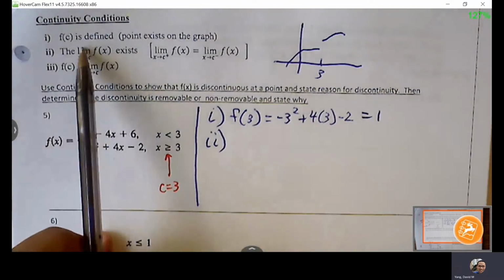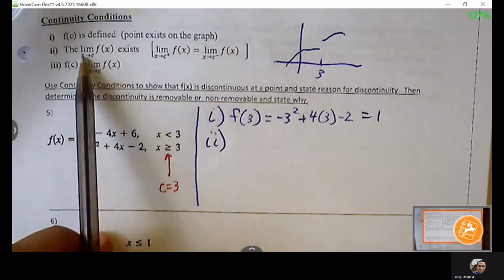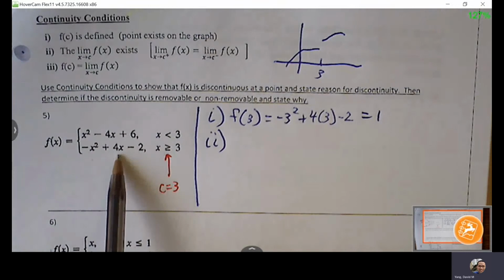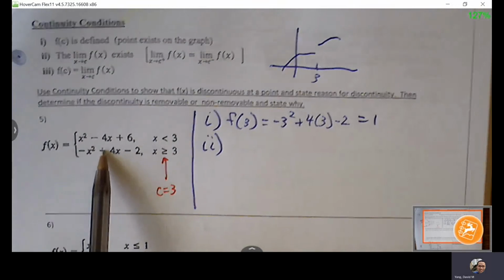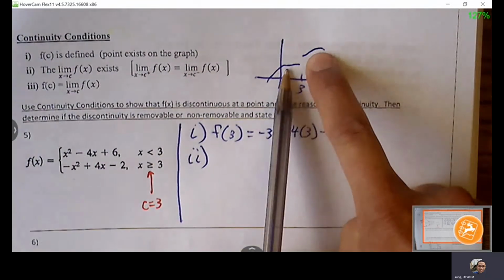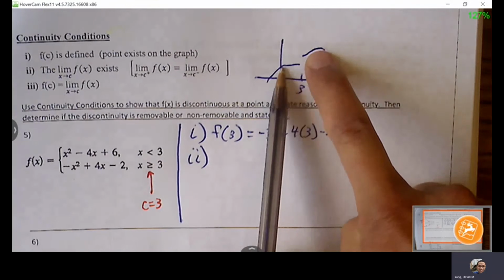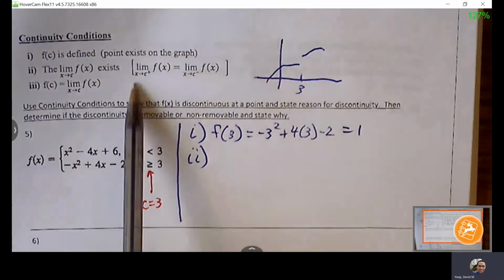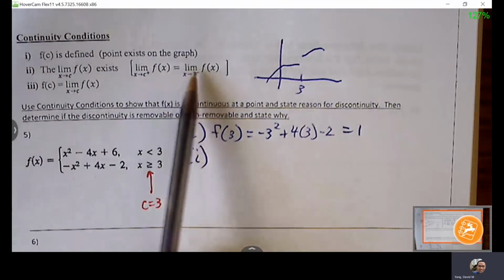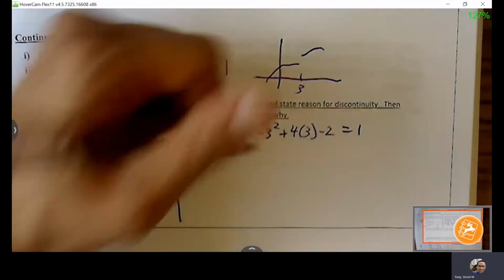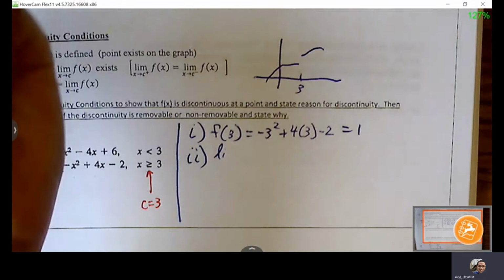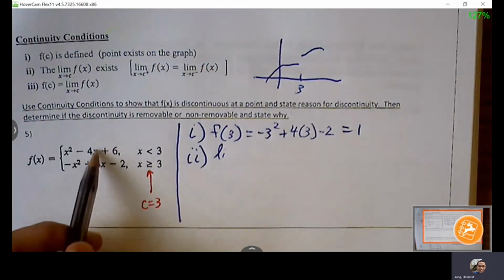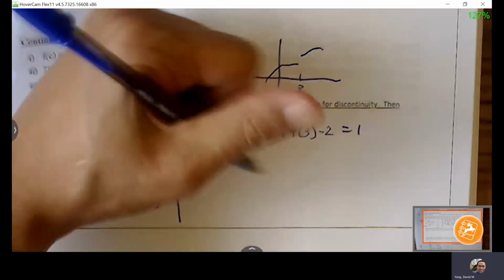Now, can I rely on one limit statement to determine the limit of this function? Okay. You see how there are 2 separate graphs? I got to look at the limit separately because I have 2 separate graphs. So now I got to evaluate the one-sided limits apart from each other. Because we don't have the visual graph in front of us, we're going to have to find these one-sided limits separately.